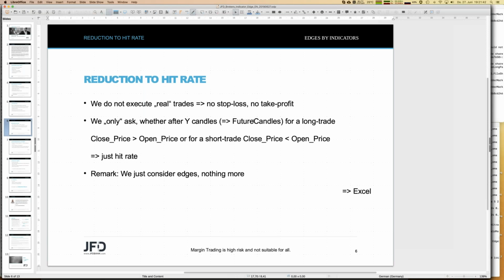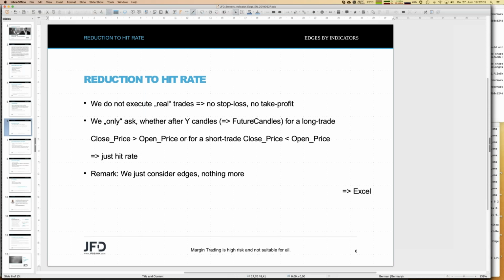You need about 52% hit rate for a trade with a risk-reward ratio of 1:1 to be at, let's say, break even, including costs. Without costs, of course, 50.01% would already be enough to be above break even.